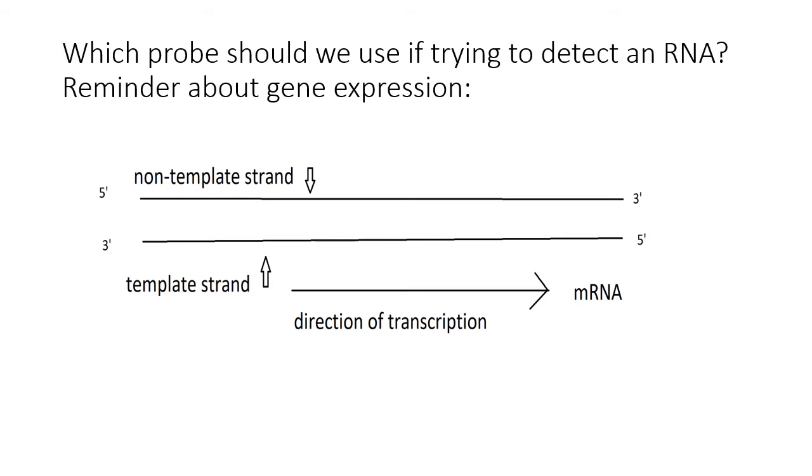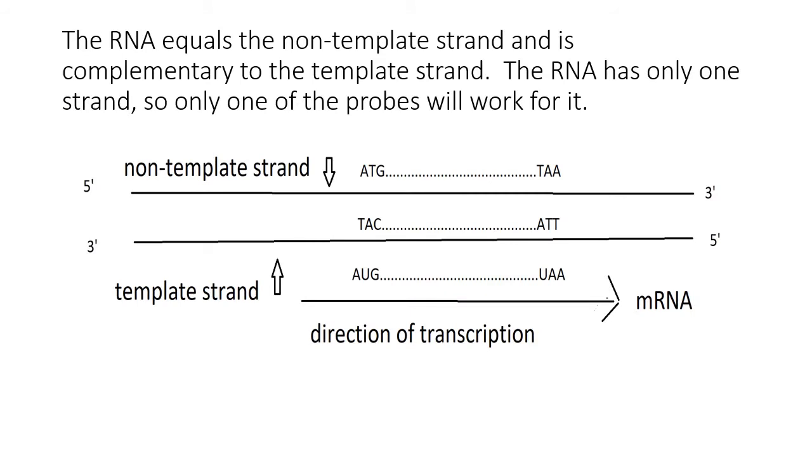Remember, it's going in a 5' to 3' direction on the molecule being synthesized. So that's what the RNA would look like, its strandedness. Okay, so taking into account the fact there's only one strand of the RNA, we can see what sequence it matches and which is complementary to, right?